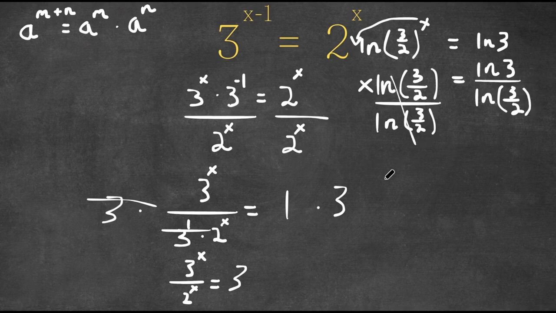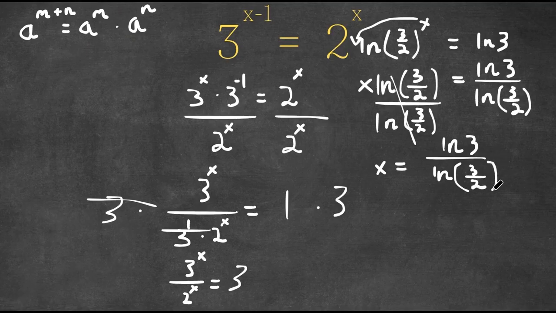So now these two cancel out, and we are left with x is equal to ln 3 over ln 3 over 2.